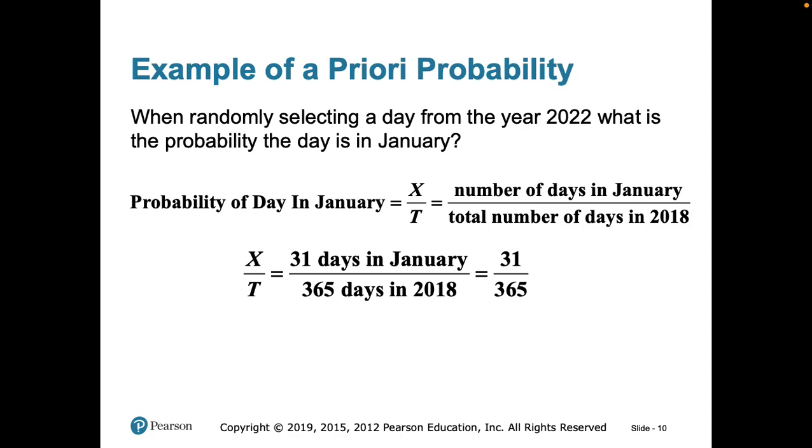Every January there are 31 days. Also, from prior knowledge, we know that the year 2022 has 365 days. So the probability of picking a random day in the month of January is 31 divided by 365.